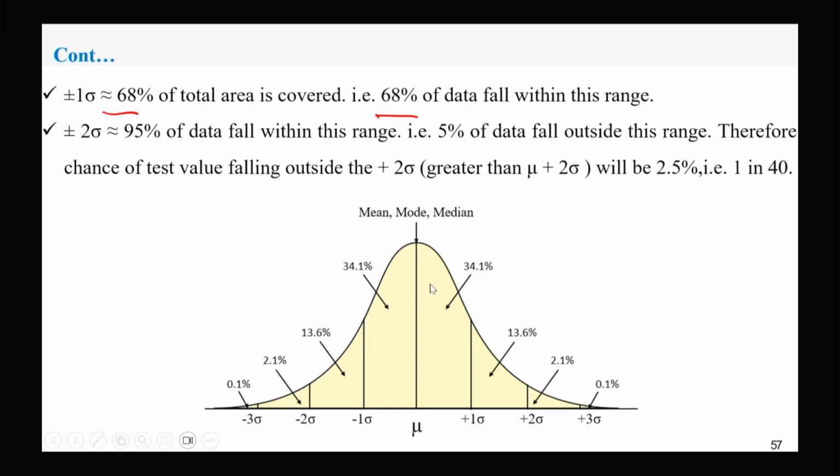At plus minus 2 sigma limit approximately 95% of data fall, that is, 5% of data fall outside that range, which means 1 in 40 data are greater than mu plus 2 sigma. Similarly, 1 in 40 are less than mu minus 2 sigma.